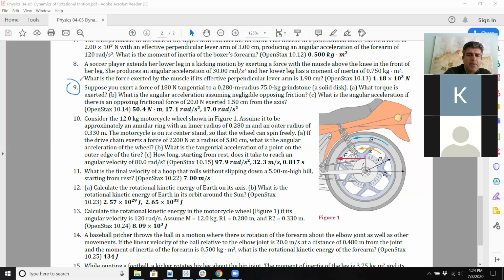Force is 180, radius is 0.28, so you have 50.4 newton meters for that one.